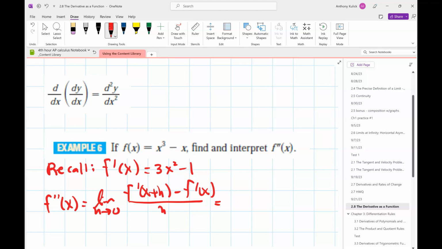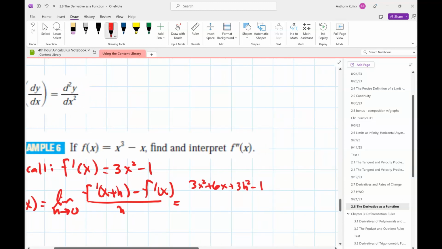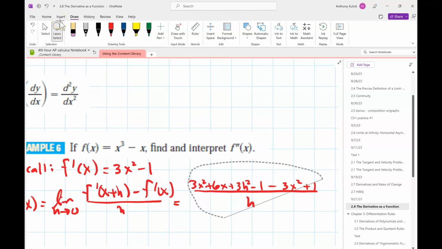So when I plug x plus h into 3x squared minus 1, I get 3x squared plus 6xh plus 3h squared minus 1. And then if I write minus f prime of x, I get minus 3x squared plus 1. Oh no, what did I forget? The limit.